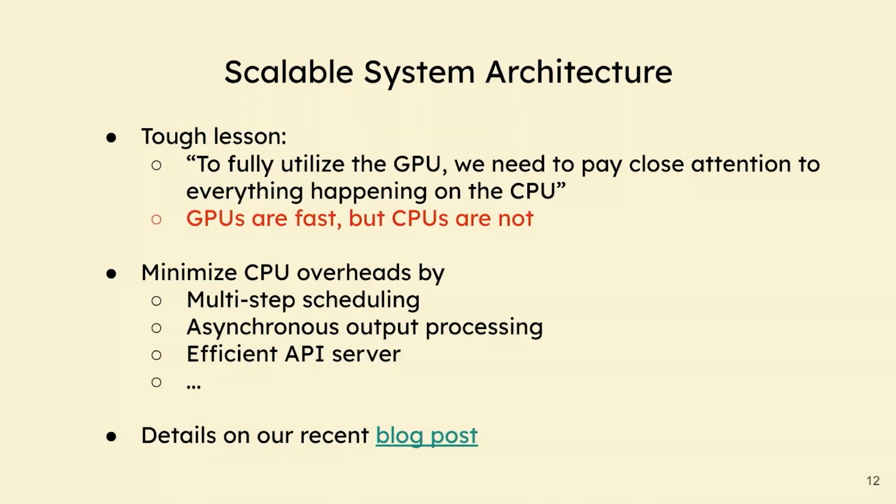But building an inference engine is much more than just writing kernels. In the process of building vLLM, we learned a tough but valuable lesson. To fully utilize the GPU, we need to pay close attention to everything happening on the CPU. GPUs are fast, but CPUs are not.